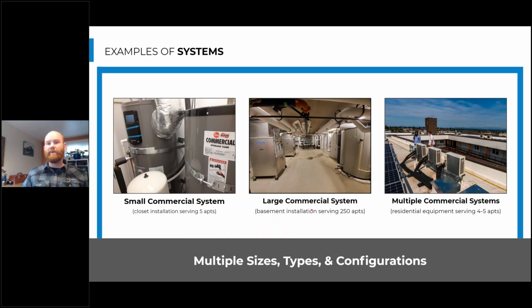But when we're talking about commercial systems and central systems, central doesn't necessarily mean one system for the entire building. We can have multiple commercial central systems. Here is a project, the Hope Workstation in Washington State.